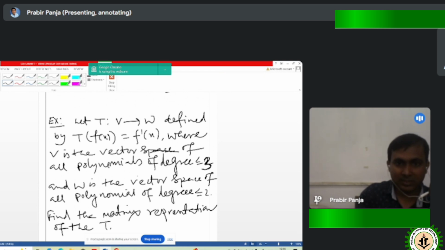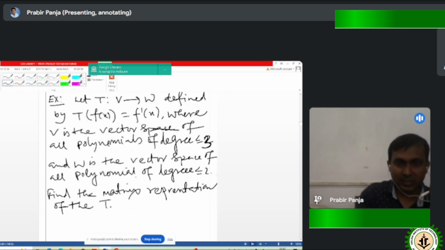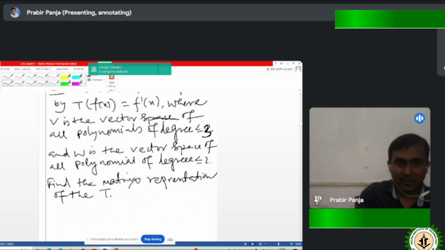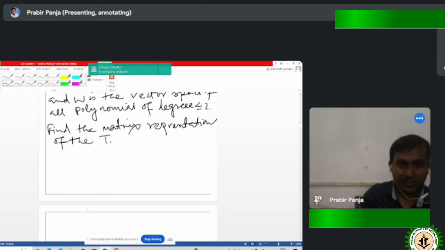V is the collection of all polynomials of degree less equal to 3, and W is the vector space of all polynomials of degree less equal to 2. Now, using these two, we will compute the matrix representation.